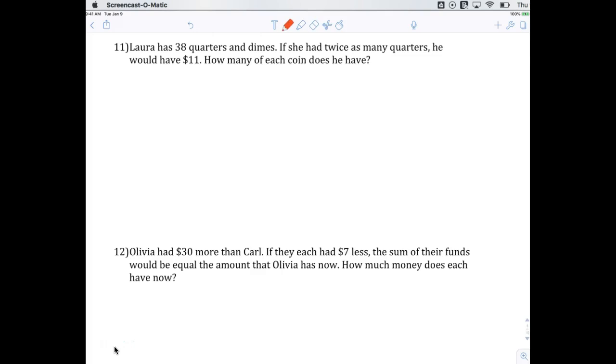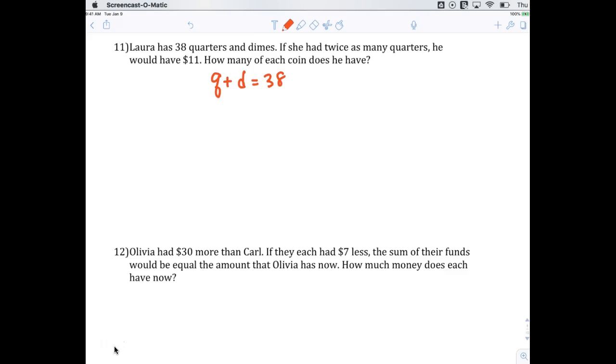All right, number 11. Dalton, what do we got? Q plus D equals 38. Brilliant. And then, all right.